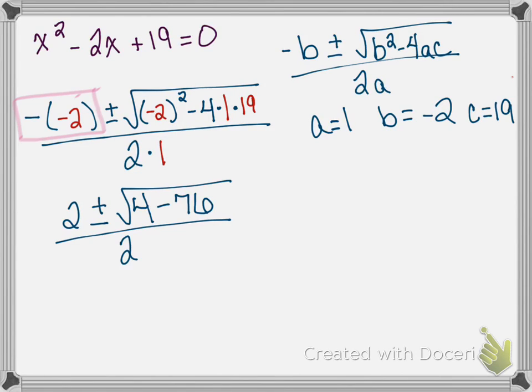Now, I've got 2 plus or minus the square root of negative 72 over 2. Now, I know that 9 times 8 is 72.